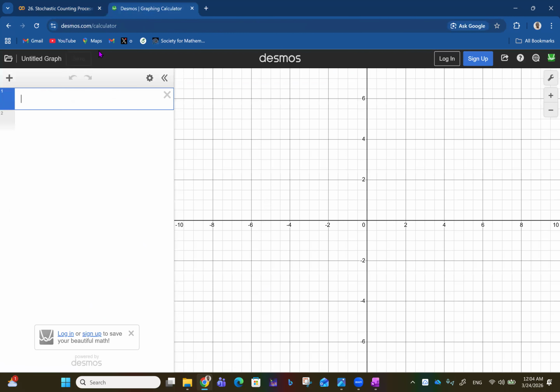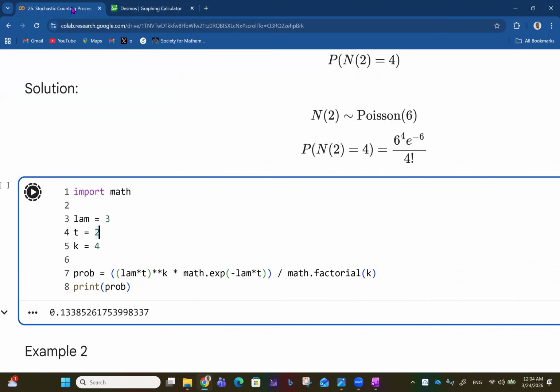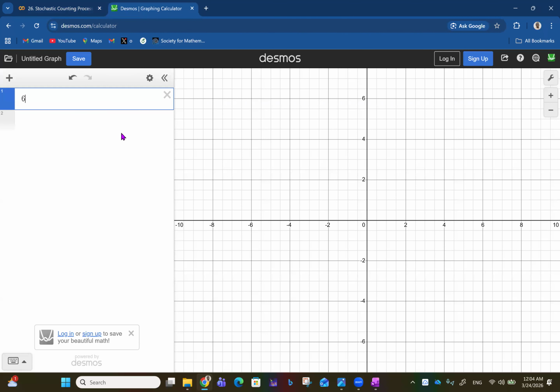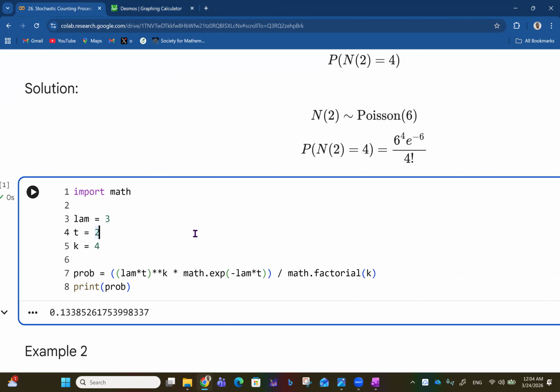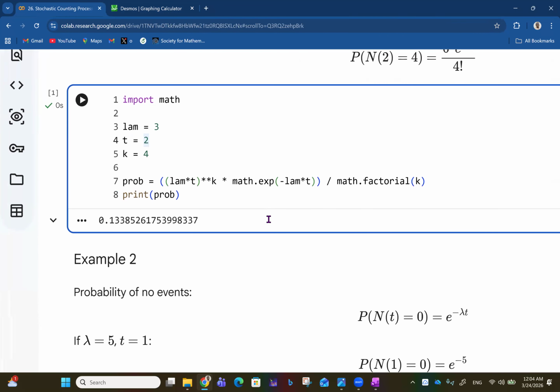So that's 0.133 and so on, as you can see. That's exactly what we have right here, and that's what this Python code also gives us.